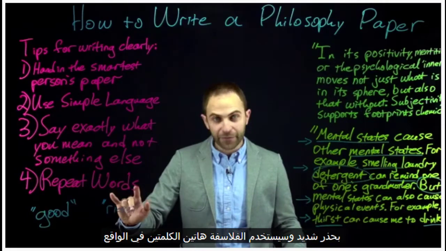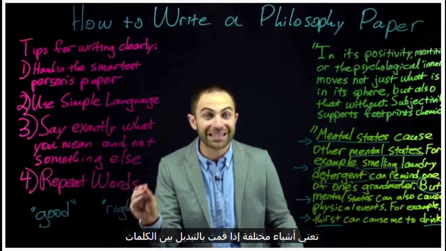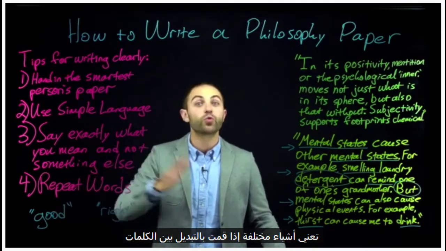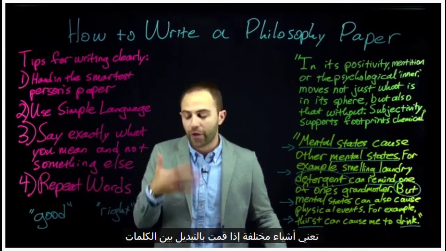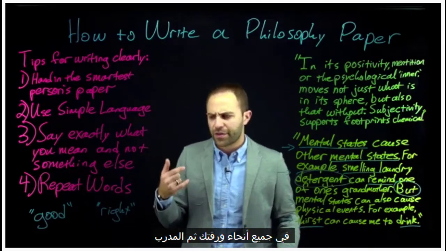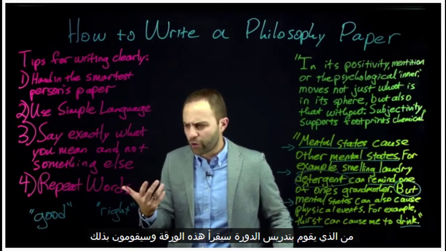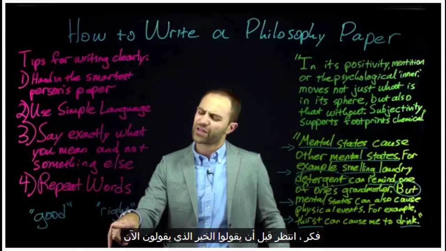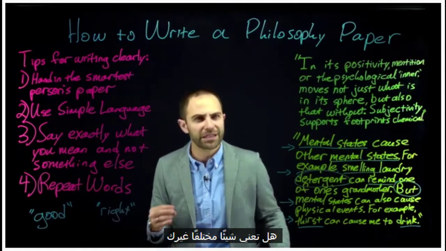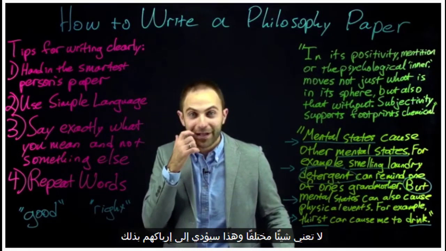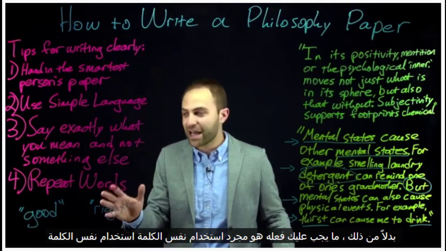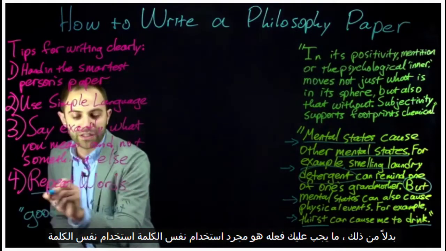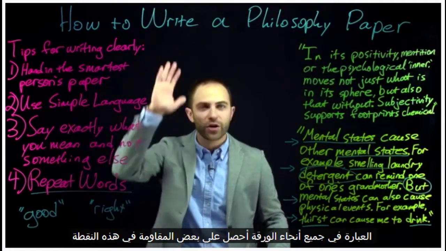And philosophers will actually use these two words to mean different things. If you switch between words throughout your paper, then the instructor who's teaching the course is going to be reading this paper and they're going to think, wait, before they said good, now they're saying right. Do they mean something different? But you don't mean something different. And that's just going to confuse them. So instead, what you should do is just use the same word. Use the same phrase throughout the entire paper.